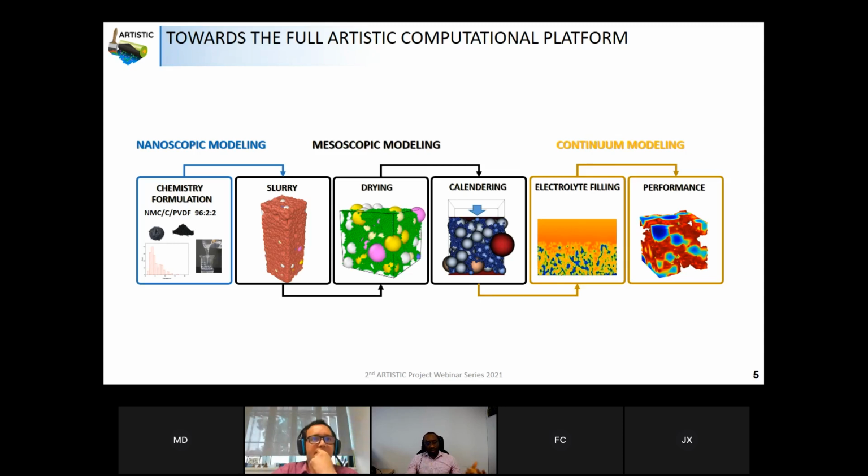Then we inject all these inputs in our model, and here we can see clearly two main parts: the mesoscopic modeling and the continuum modeling. Today I will speak mainly about the mesoscopic modeling, so the slurry, the drying, and the calendering. I will give you a few details about the model that we have in our team.